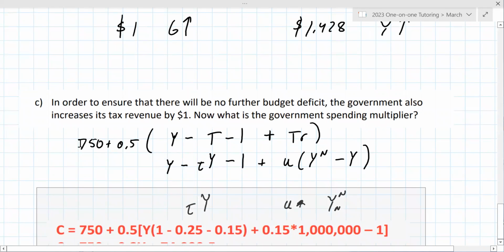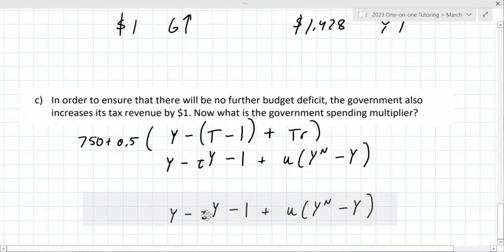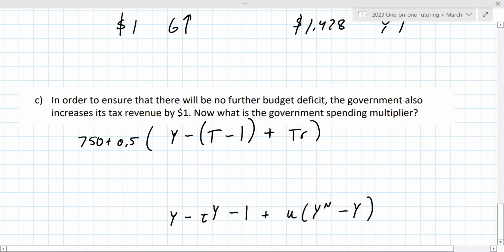It increases its tax revenue, so it should be plus 1, minus. Okay, sorry, now it makes sense. Let me try to explain this. The tax revenues are increased by 1. So t goes to t plus 1. So this was y minus t, but because you're adding 1 to it and you're doing it in parentheses, the sign changes when it's distributed. Yes.